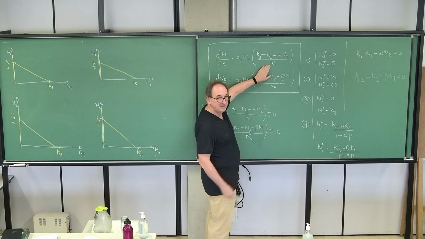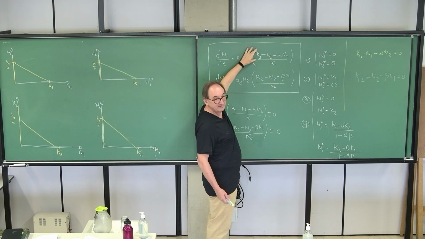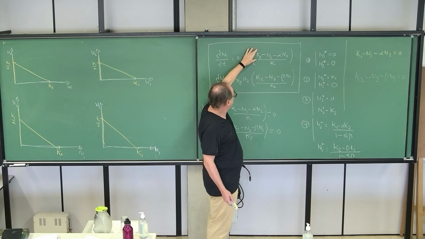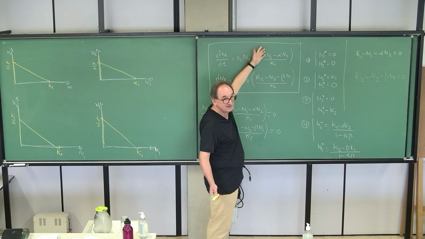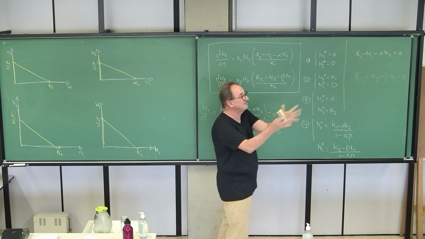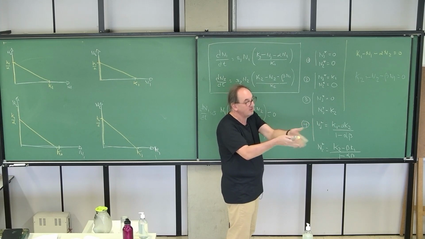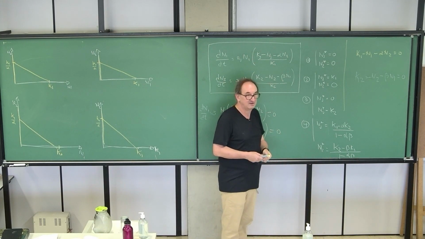It can only be 0 if the numerator is 0. If the upper part here is 0. Okay. k1 is a positive constant, so I have numbers, one of which is positive and the other can be 0 or not. So the only possibility is this part being 0. Right?